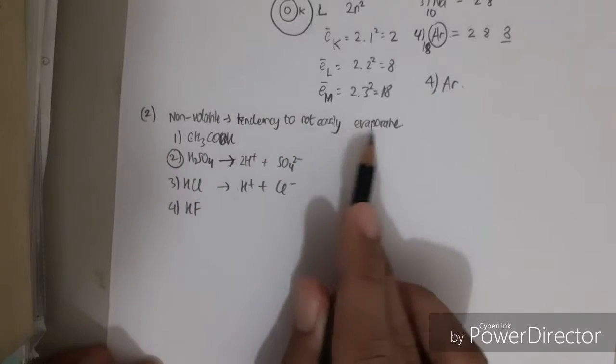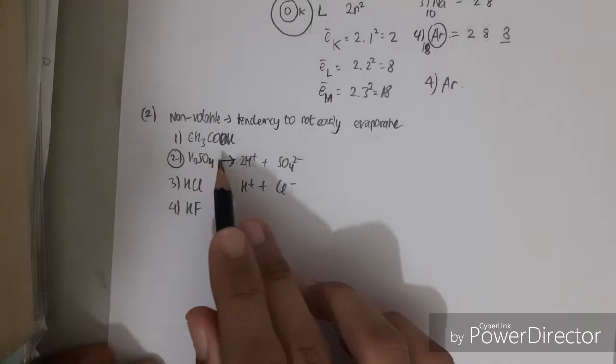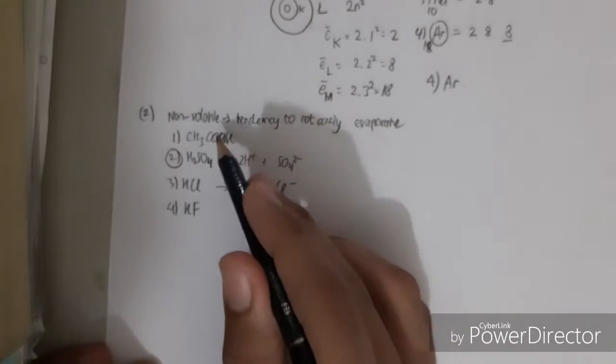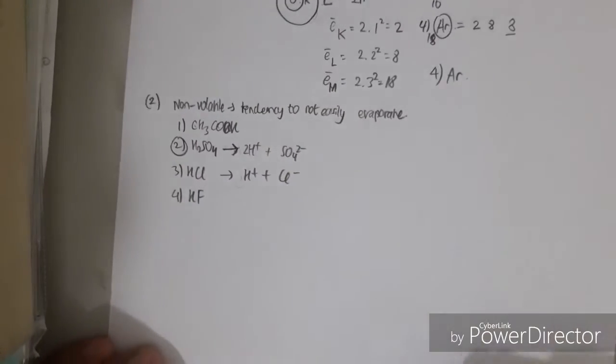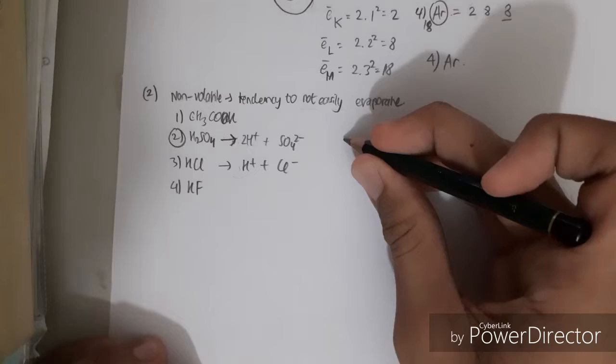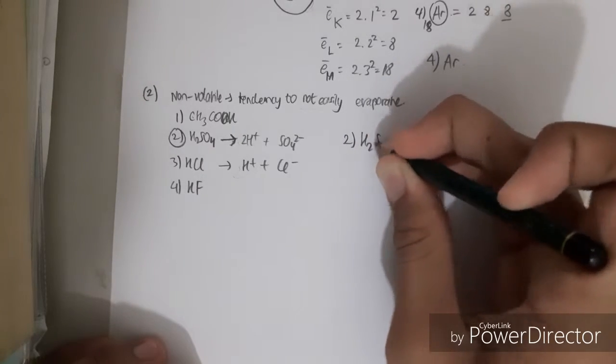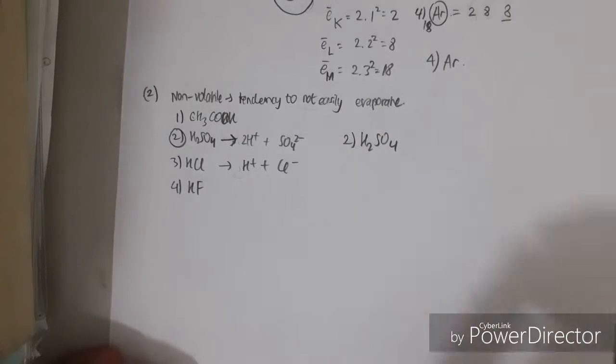So the tendency to not easily evaporate, the most non-volatile compound in this solution, is hydrogen sulfate. So the answer is number 2, hydrogen sulfate.